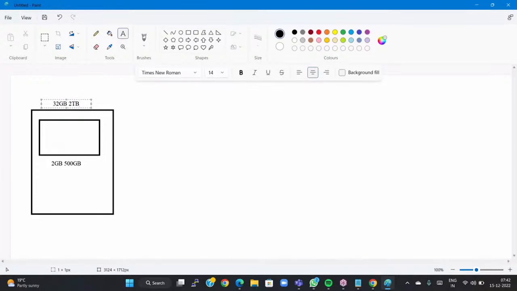This is your server capacity. To purchase the server, you need to spend somewhere like 2 to 4 lakhs or even 5 lakhs of money to purchase this single physical server.